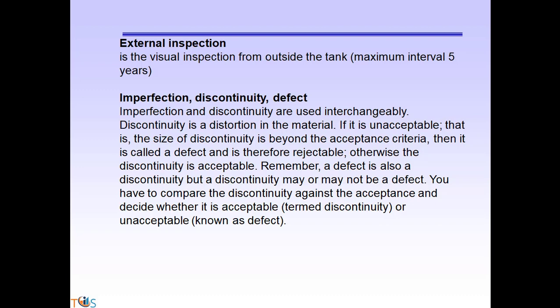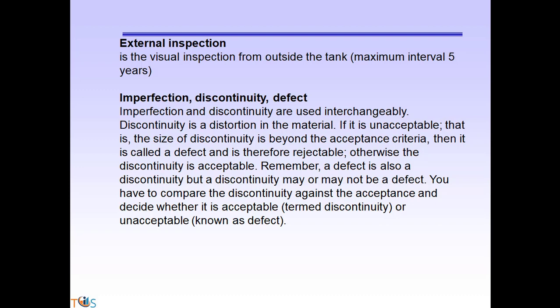Imperfection, discontinuity, defect. Imperfection and discontinuity are used interchangeably. A discontinuity is a distortion in the material. If it is unacceptable, that is, the size of the discontinuity is beyond the acceptable criteria, or it is not acceptable in any length or shape, such as a crack, then it is called a defect and is therefore rejectable.